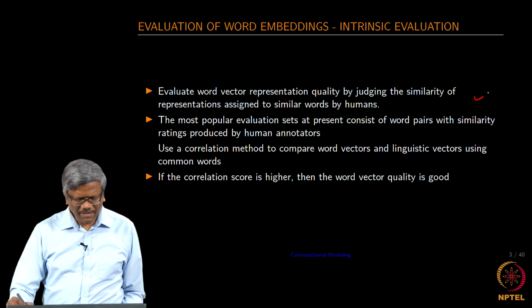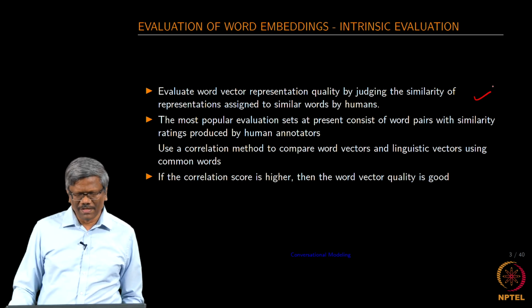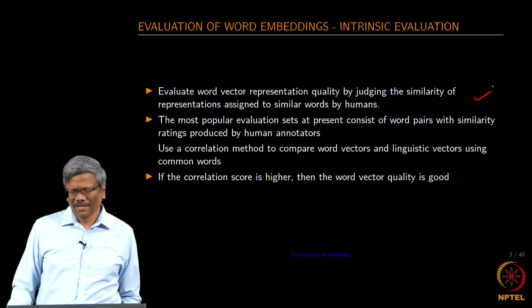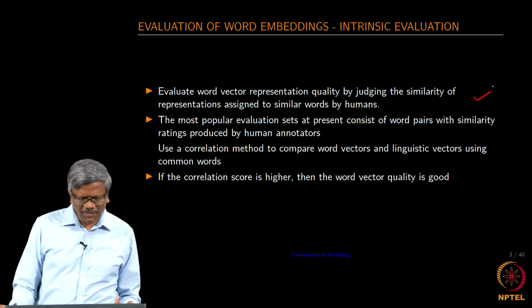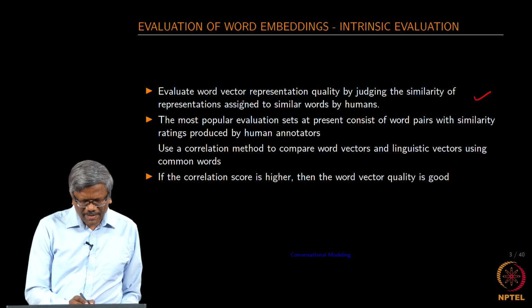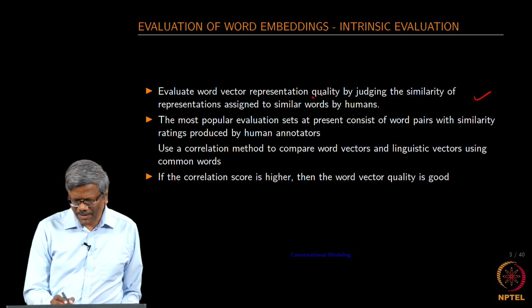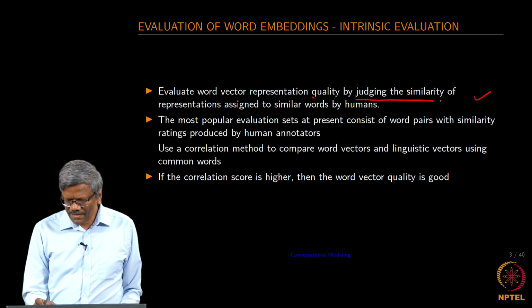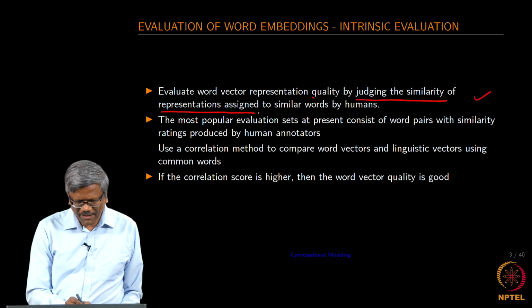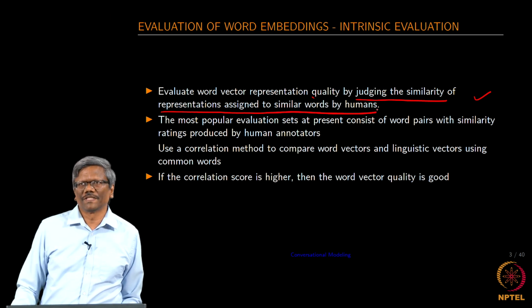Okay, as I mentioned earlier, we are going to be looking at the evaluation of the word embeddings using the intrinsic evaluation. So, in this case what we do is we are going to be evaluating the word vector representation quality by judging the similarity of representation assigned to similar words by humans.